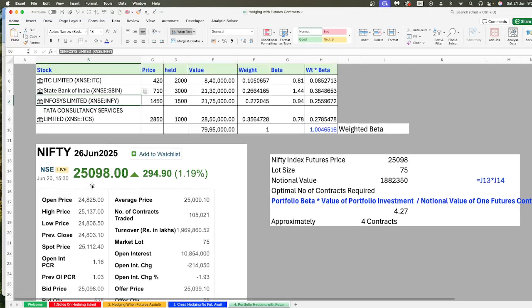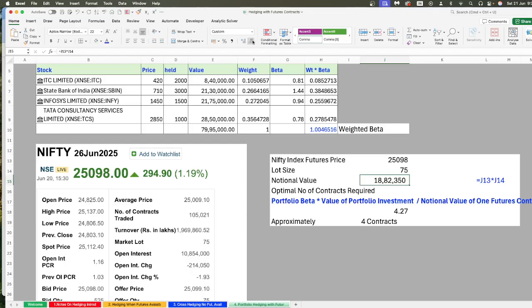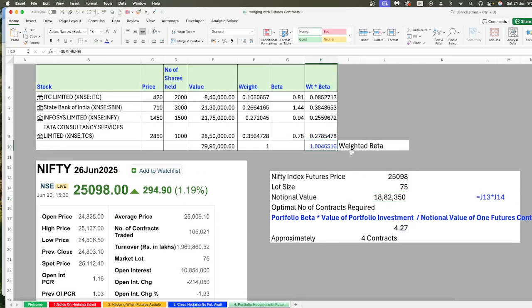In this situation, we have taken Nifty 50 as the index. Once you know the notional value of one futures contract, and you have already calculated the portfolio beta, the number of contracts for hedging is simple: the portfolio beta multiplied by the value of the investment divided by the notional value of one futures contract. So the optimal number of contracts for hedging is roughly 4 contracts.